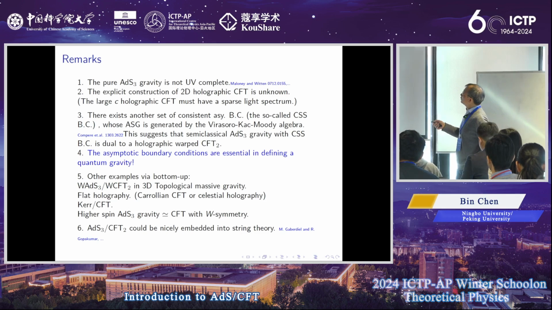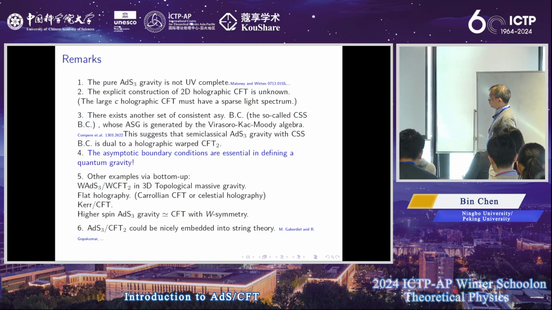And there are some other examples where this bottom-up approach, especially worked out by Andy Strominger's group, in the context of three-dimensional topologically massive gravity, we have this warped AdS3 and warped conformal field theory, warped AdS/CFT correspondence.